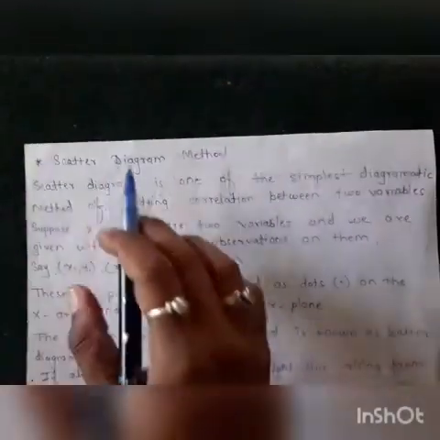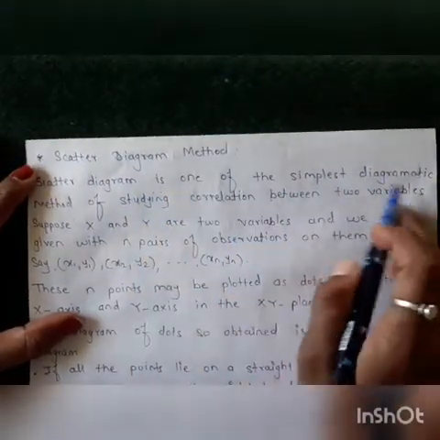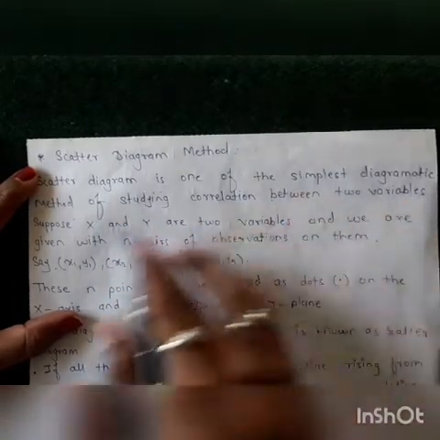The next point is the scatter diagram method. Scatter diagram is one of the simplest diagrammatic methods of studying correlation between two variables.